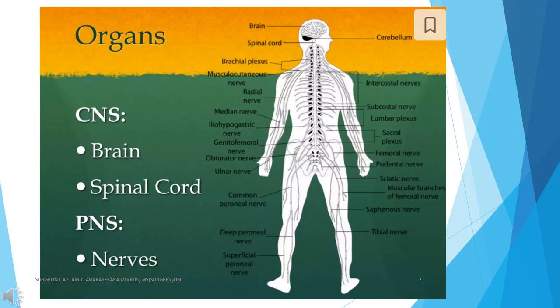The CNS consists of the brain and spinal cord, the command center for processing, integration, and response. The brain, with its cerebral hemispheres, cerebellum, and brainstem, governs cognition, coordination, and autonomic control.